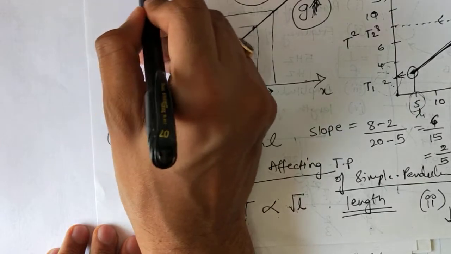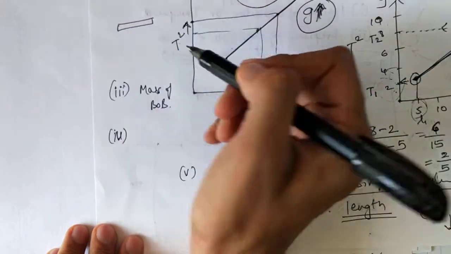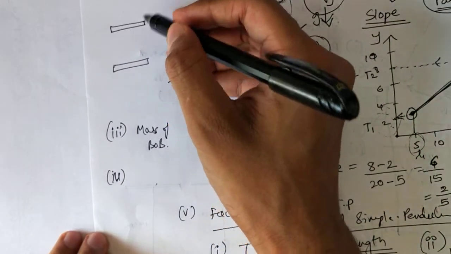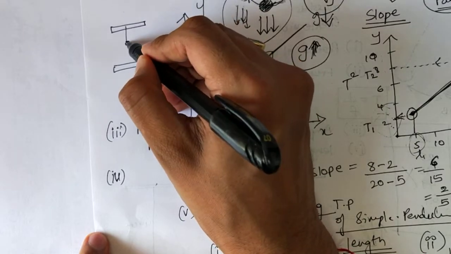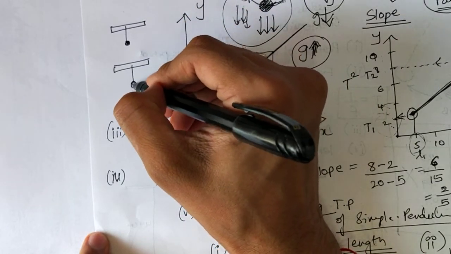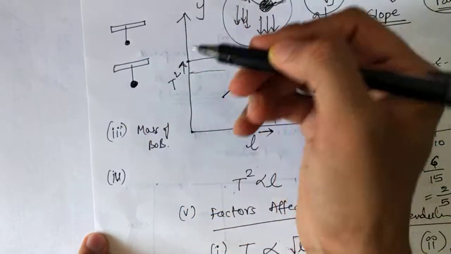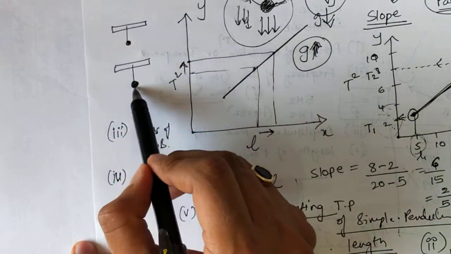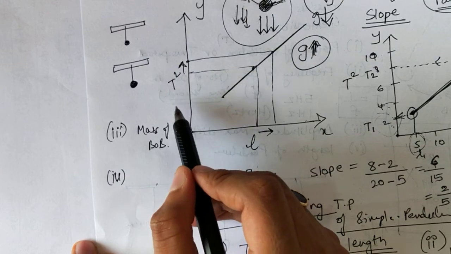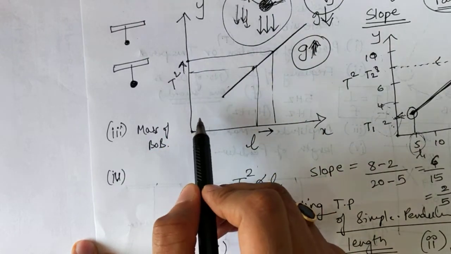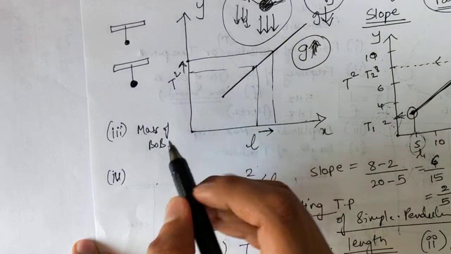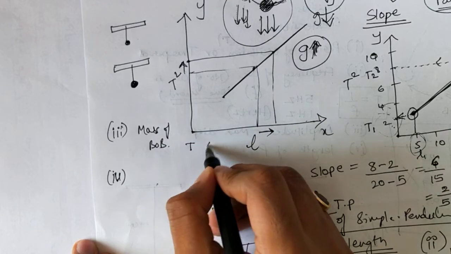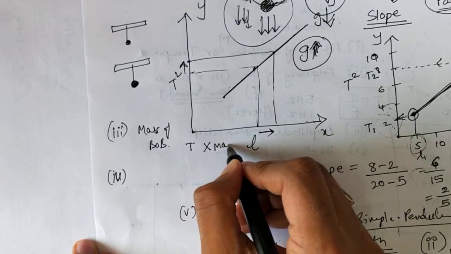Let's say there are two pendulums. In one pendulum they use a smaller bob, on another pendulum they use a bigger bob, and they tried to see the change on the time period of oscillation, but they found no difference. That means the time period does not depend upon the mass of the bob.